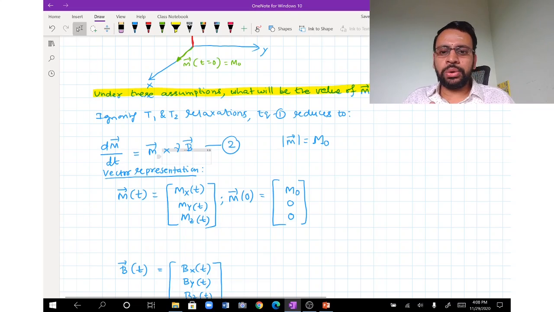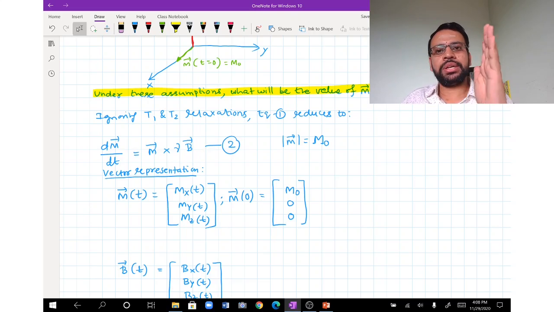Now what we would like to do is work out and compute the resultant of this cross product. Notice that all you are going to apply here is a field along the z axis.